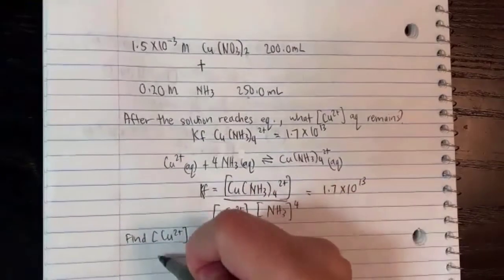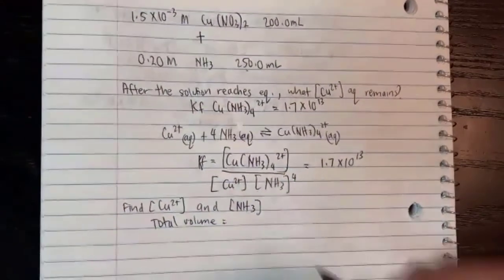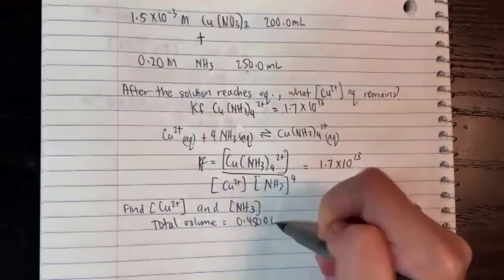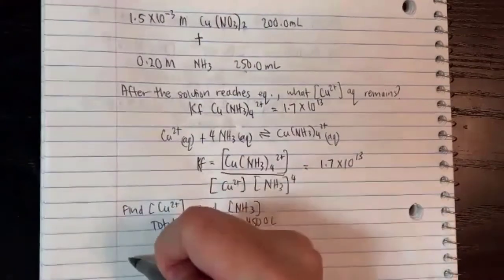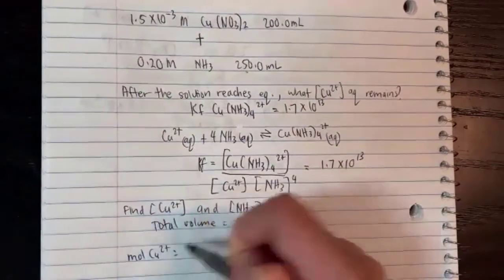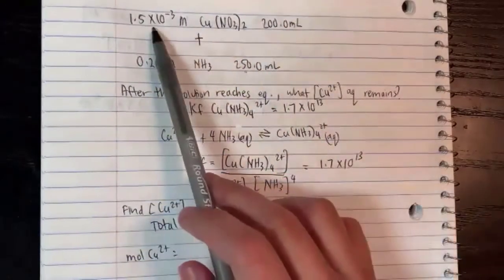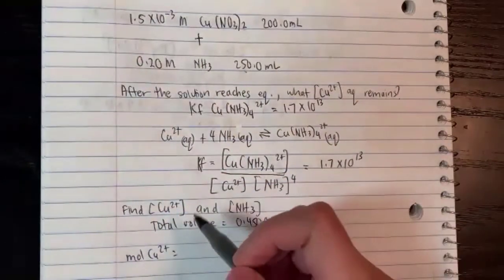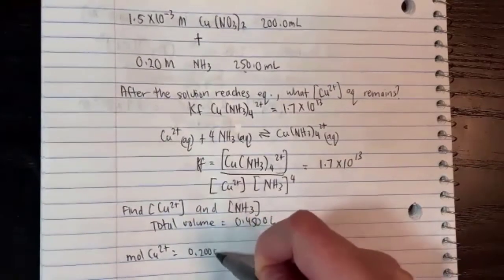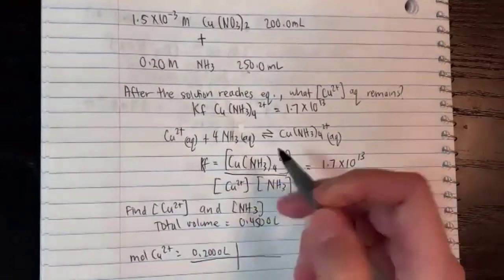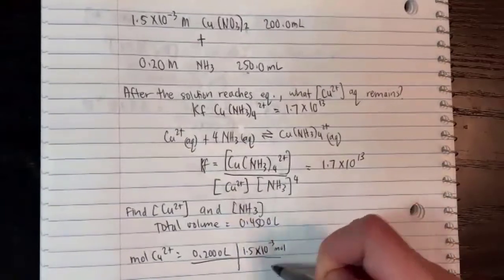So total volume, I'll write it out. Total volume, it was 450, so I'm gonna go ahead and write it as 0.4500 liters. Okay, so I knew it was adding up to 450, so I'm gonna write it down and find the moles first. So the moles of copper 2 plus is take the volume in liters, and then you multiply with the molarity. So 200 mLs, it really is 0.2 liters, and then 1.5 times 10 to the minus 3 moles in 1 liter.